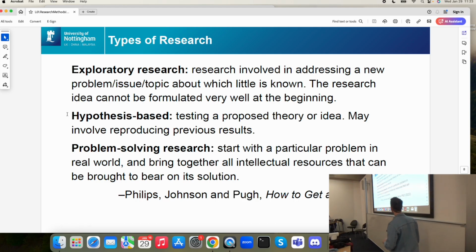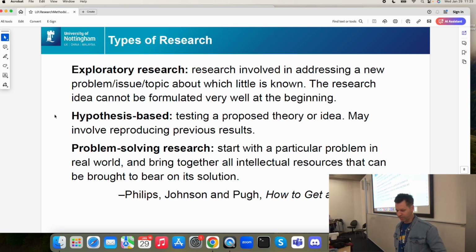We can test an existing theory or idea to be true or false. Like, I believe I can get an elevator to every floor on this building within 60 seconds. That's a specific hypothesis, true or false, right? And you try to prove it to be correct or incorrect.